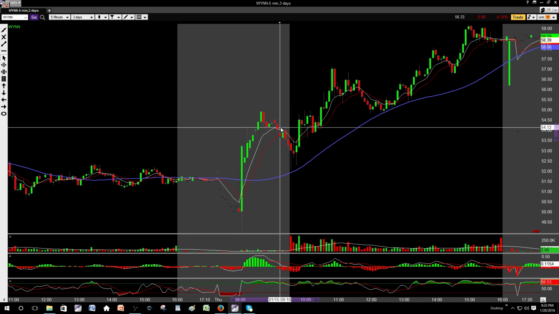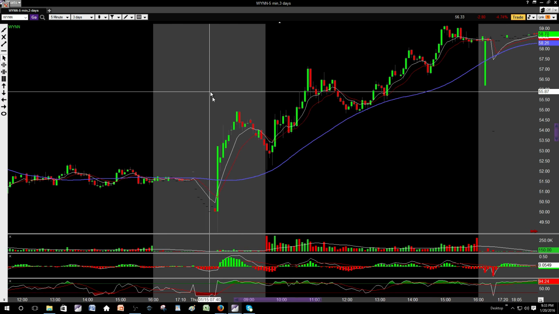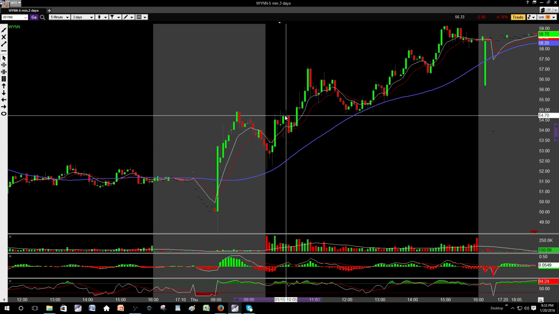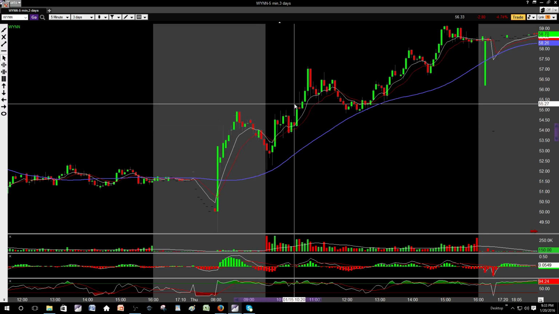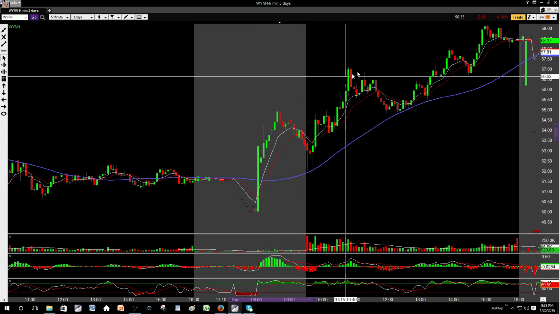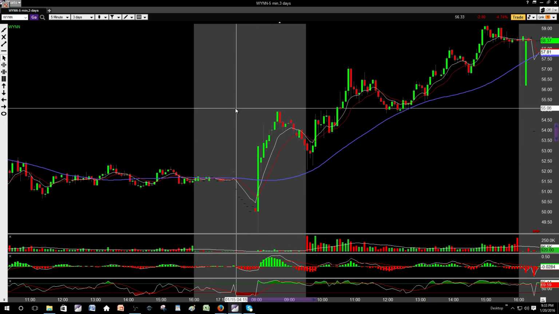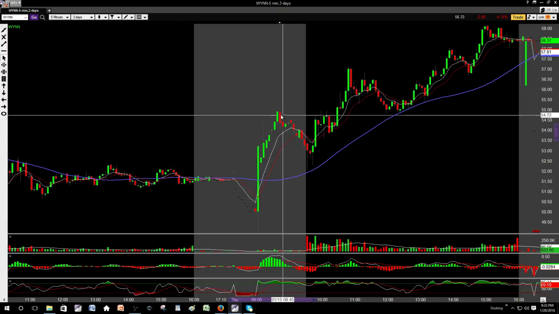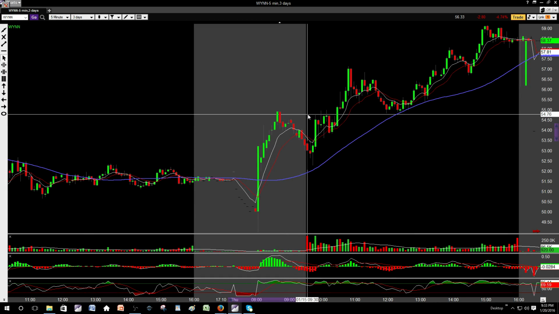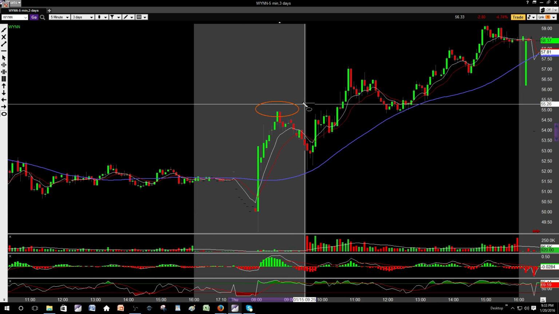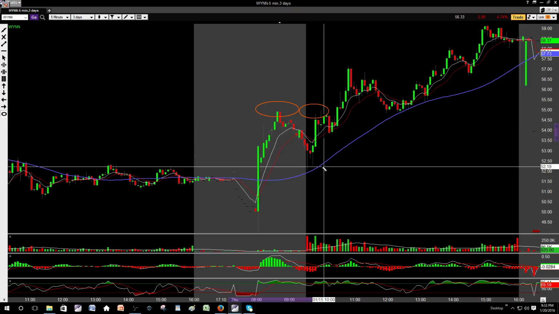Now where are you looking for this short possibility if it does push up right away out of the gate? In this case, for example, ignore this entire play here and let's just do the gap up scenario over here. If this stock came up here and immediately pushed out of the gate, your first area of interest to look for a short entry would be right there.